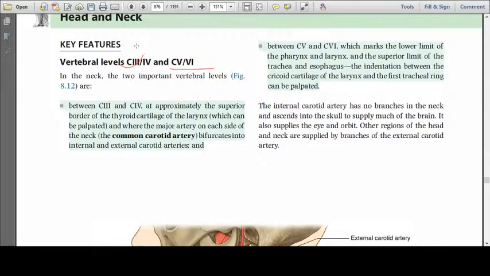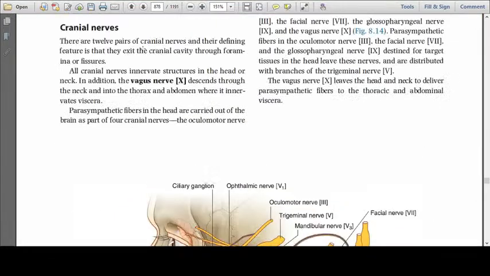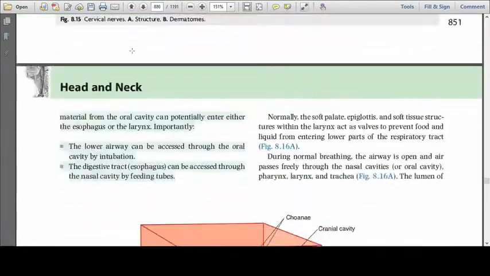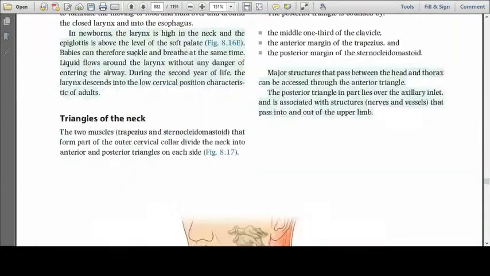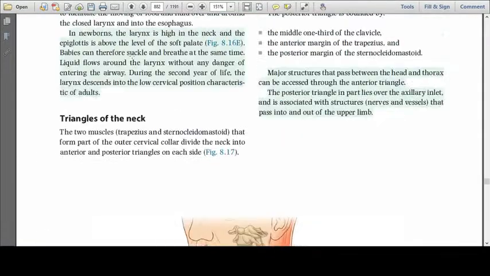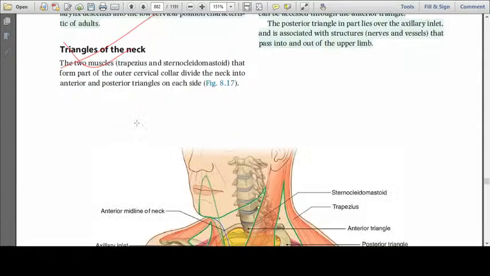This is cervical vertebra. Cranial nerves, head and neck. Triangles of the neck. This is very important. These are very important for me. I was studying it today. Triangles of the neck.